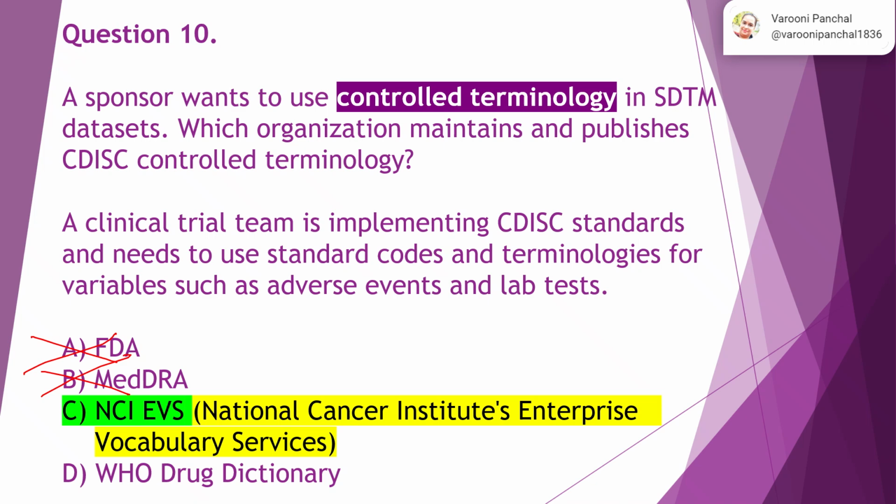So this is a global kind of standard. FDA, MedDRA and WHO are global standards which can be used by various CROs and pharmaceutical companies so that standardization is maintained across all clinical trial studies around the globe, so that whenever anybody reviews a clinical trial study, it becomes very easy and takes much less time to give approval for that specific medication. Such standardization is done by the CDISC organization.